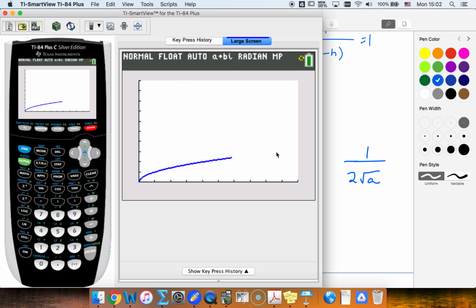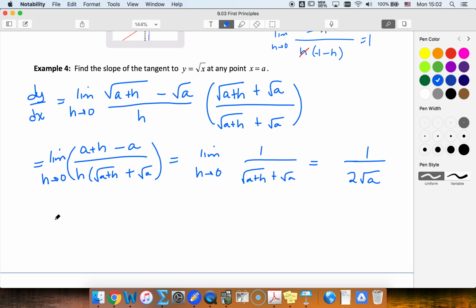So here's my square root function. So really what I'm thinking is that, for example, when x equals 6, here's my slope. It's pretty flat. So when x equals 6, it looks like, according to this, at x equals 6, the derivative, or the slope of the tangent, should be 1 over 2 root 6.